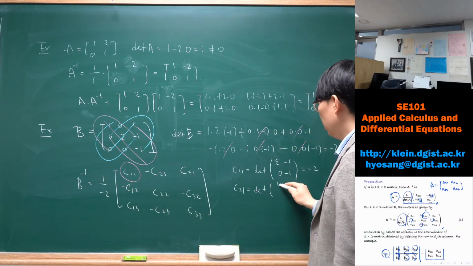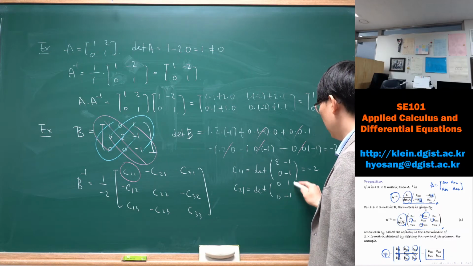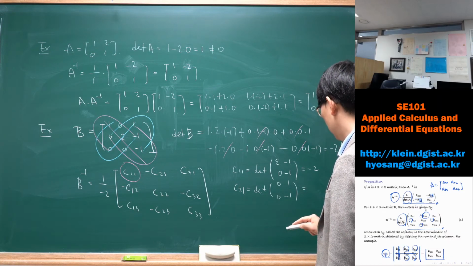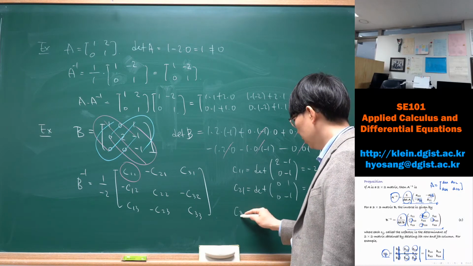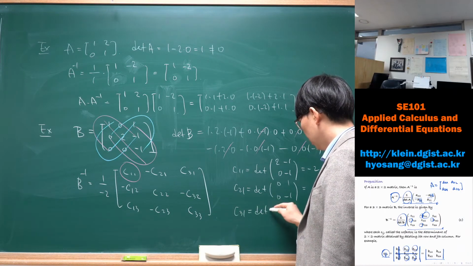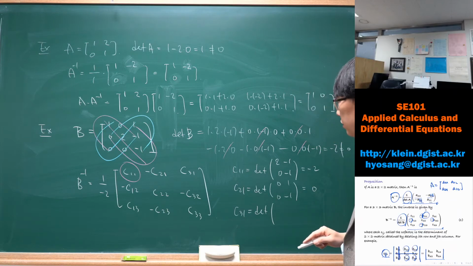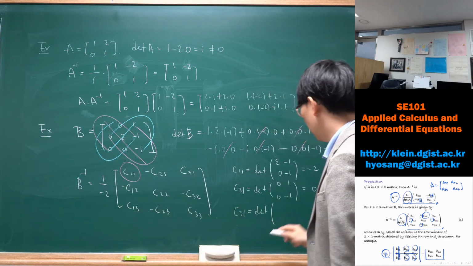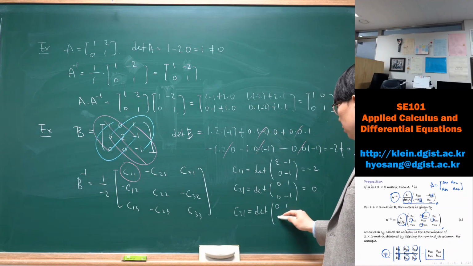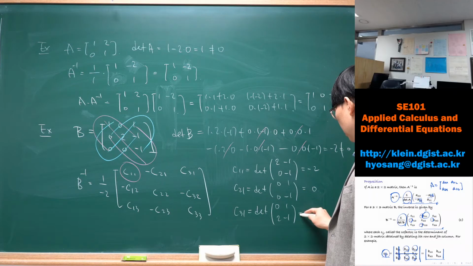I get 0, 1, 0, minus 1. That's 0, right? And what's C31? That's the determinant of what? Third row and first column. So I get 0, 1, 2, minus 1. Minus 2. Okay, so I got the first column.